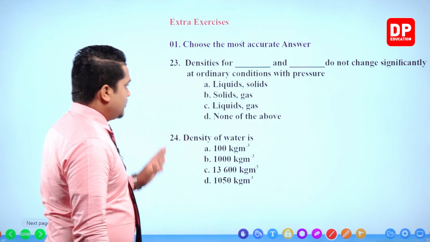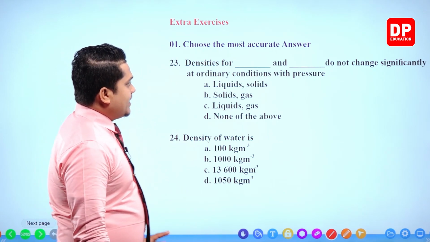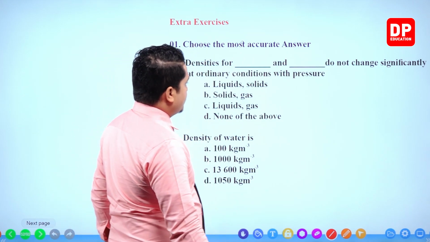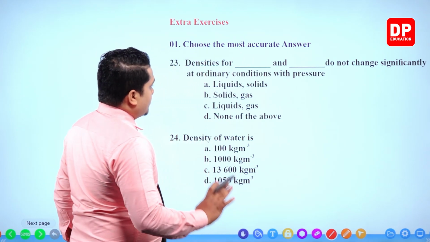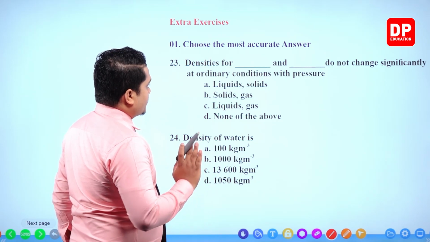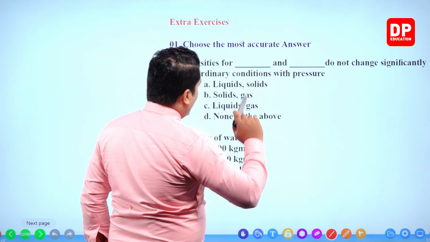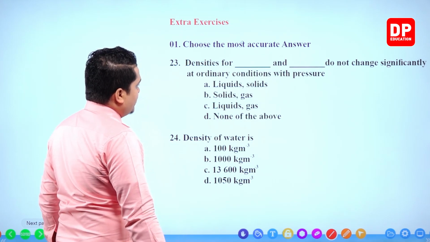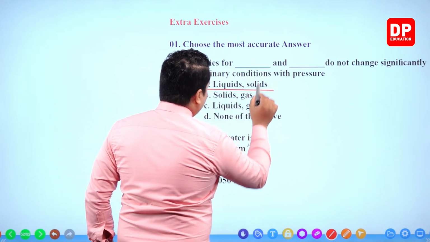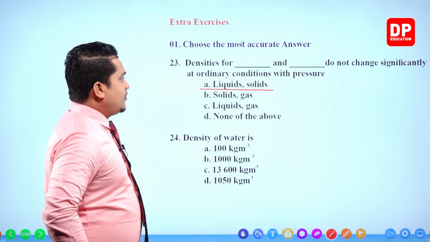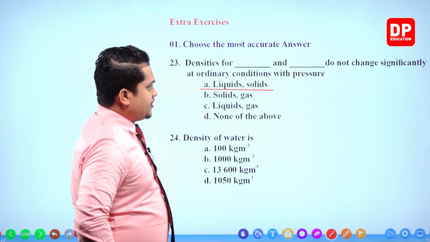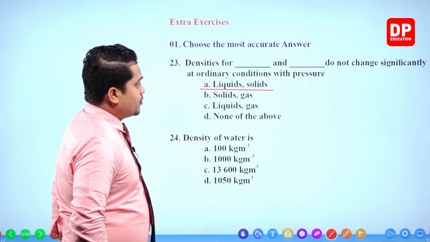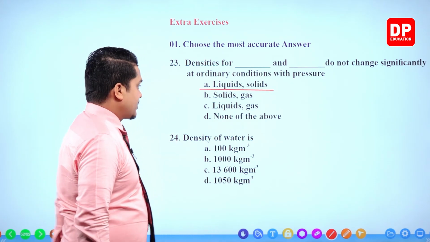So the answer should be, my dear children, solids and liquids. So go for the answers that contain solids and liquids. Densities for liquids and solids do not change significantly at ordinary conditions with pressure.